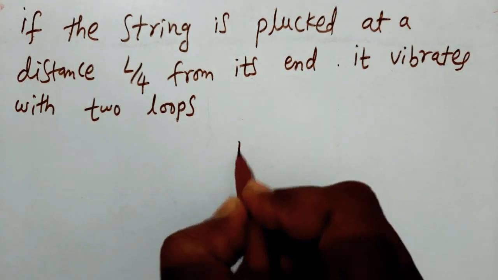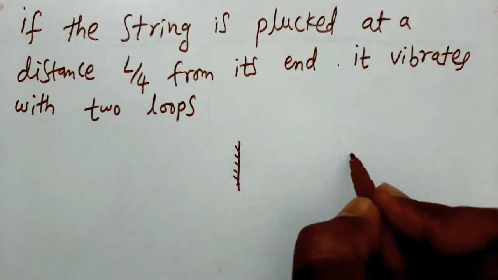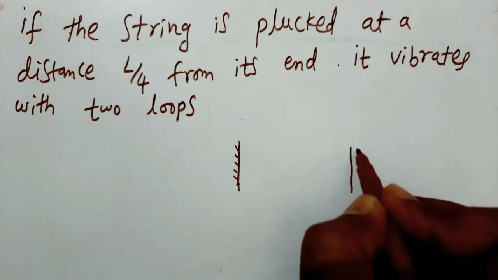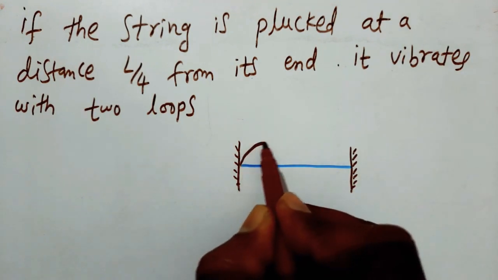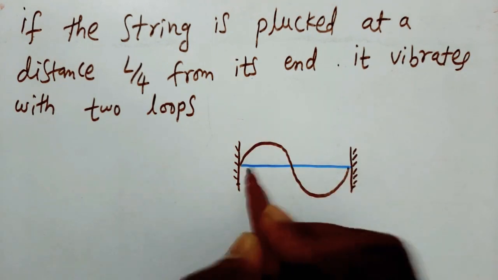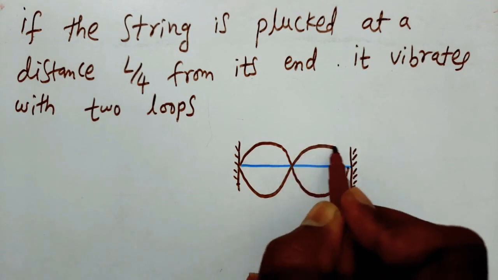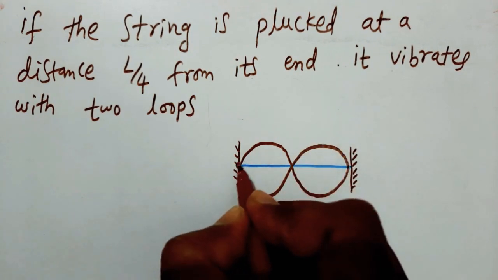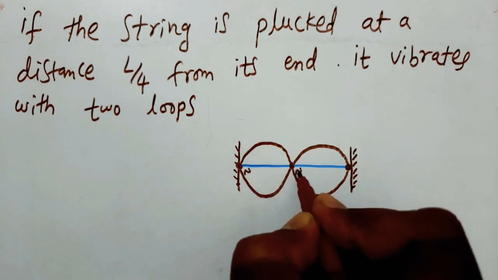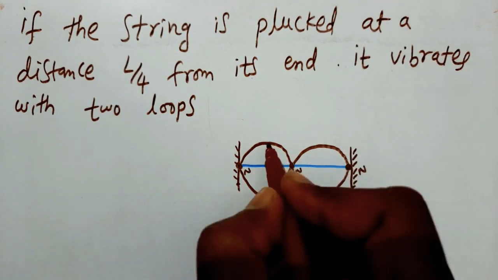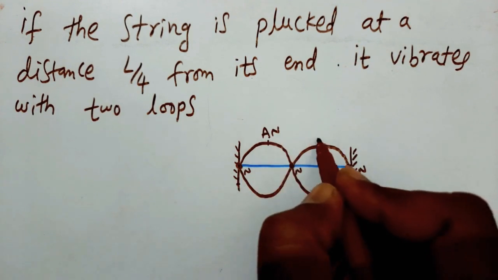If the string oscillates with 2 loops, it has 3 nodes, here it is a node, here also a node, and 2 antinodes.